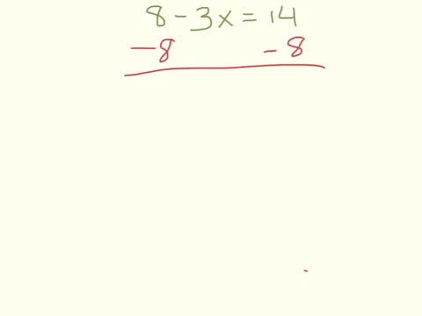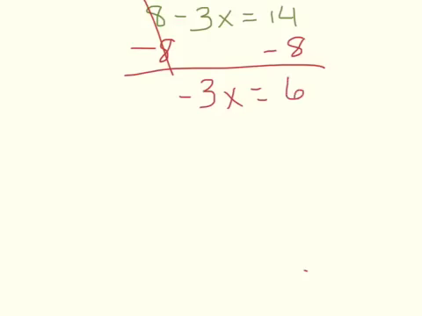8 minus 8 cancels. What am I left with right here? This is very important. I am left with negative 3x. So that is what I have to bring down. You must bring down that negative sign, okay? Bring down your equal sign, and 14 minus 8 is going to be positive 6. Okay?